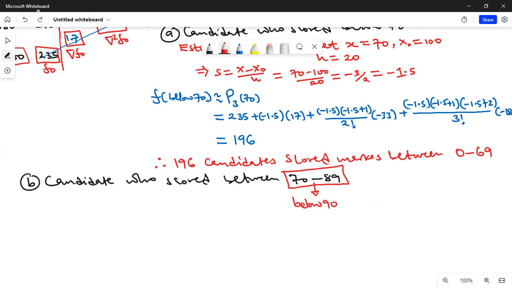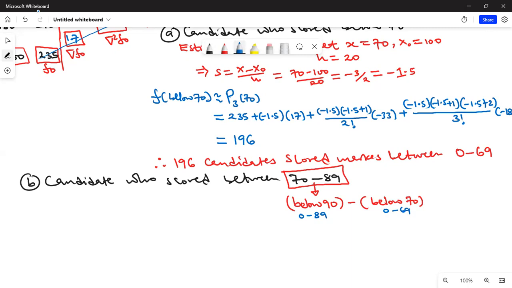Marks below 90, we are going to get that, then minus the marks below 70. You see, below 90 is from 0 to 89. And below 70 is from 0 to 69. So when you subtract below 70, you'll get between 70 to 89. So I hope that is clear.